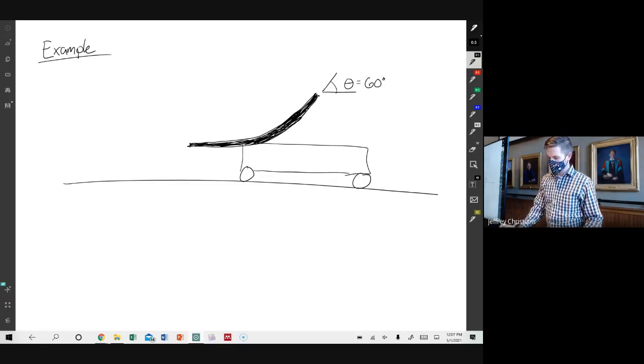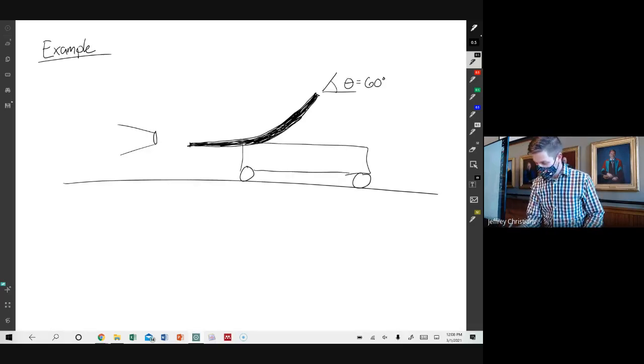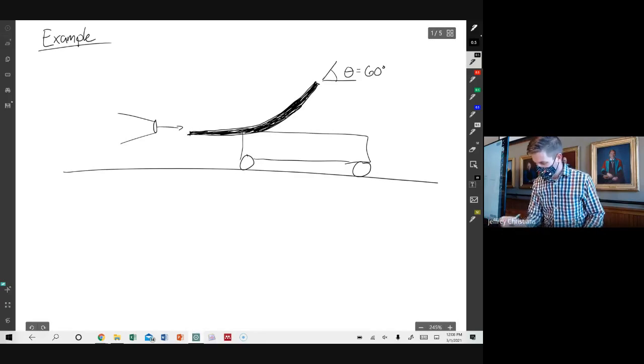And what's happening to our little car is it's being shot with a jet of water. So there's a little nozzle here, which is shooting a jet of water at our car.